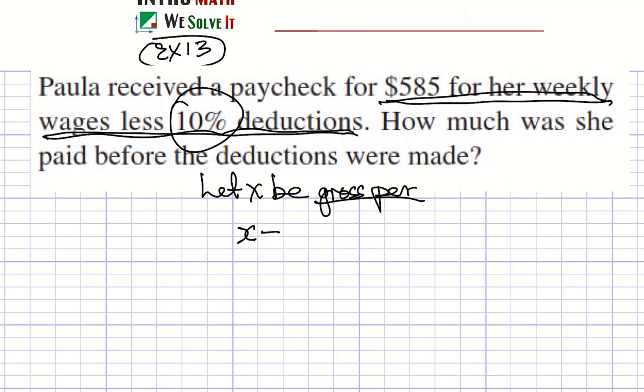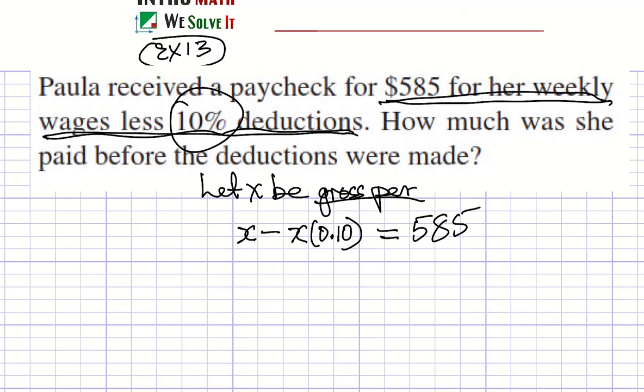Deduction means you take X and multiply it by 10%. 10% is 0.10, or you can say 10 over 100. If you do it this way, then all that thing is 585.